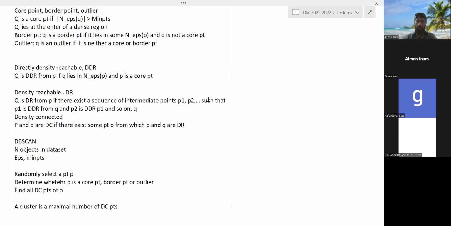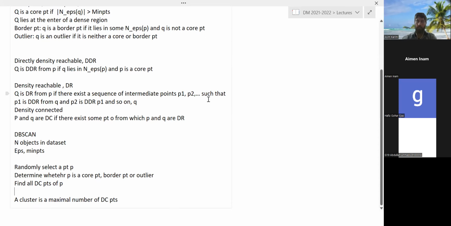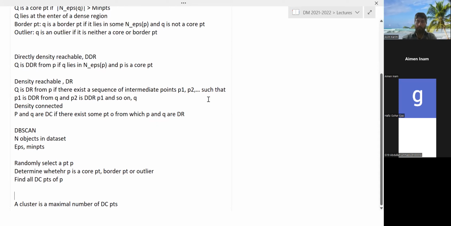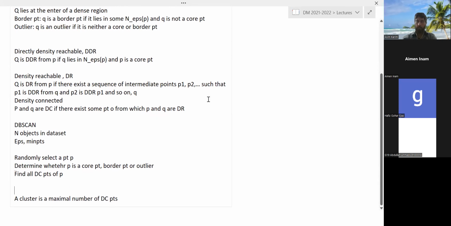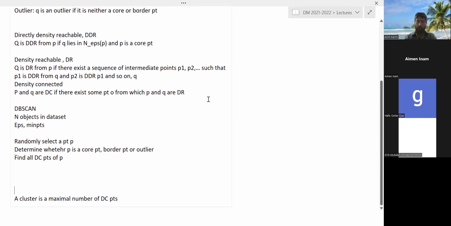Okay. So once you're done with P, you go to the next P, and you continue in this fashion until you have processed all points. So essentially what happens is the loop is over all the n objects. But whenever you select one object, a P, you have to look at the neighborhood around it.